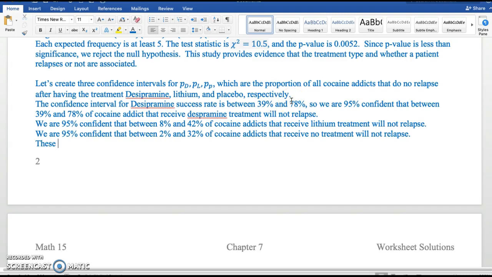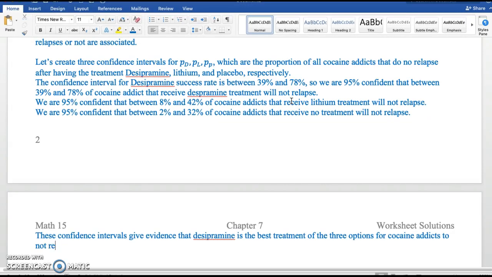So these confidence intervals give evidence that disipramine is the best treatment of the 3 options for cocaine addicts to not relapse.